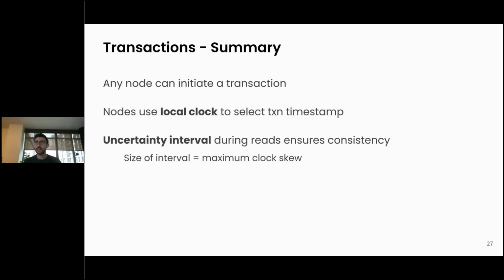In this case, clock synchronization doesn't directly impact latency like it does in Spanner, but it does indirectly through these transaction restarts. That said, what we're going to see next is an extension to CockroachDB's transaction model where clock synchronization and clock offset bounds do directly impact latency.